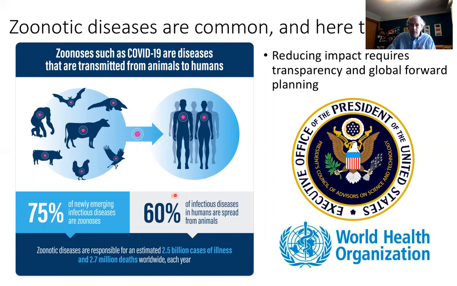They're a huge deal, especially because now there's lots of contact between people and animals. So they're here to stay. So what we need to focus on is reducing the impact. And reducing the impact requires transparency and global forward planning. Here in the US, the President's Council of Advisors on Science and Technology had a large pandemic planning group inside this particular body.